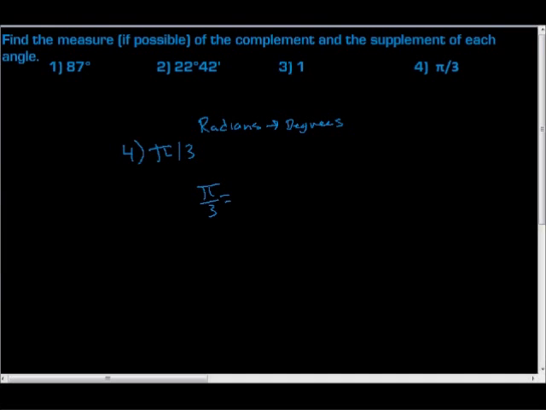x, or pi over 3 radians, equals, let me just write this out, pi over 3 radians, and then you multiply that by 180 degrees over pi radians, and then close parentheses.